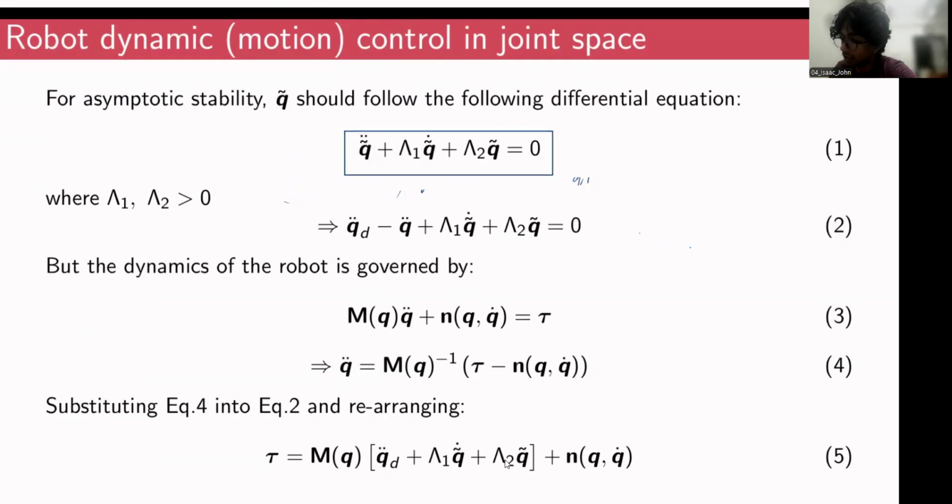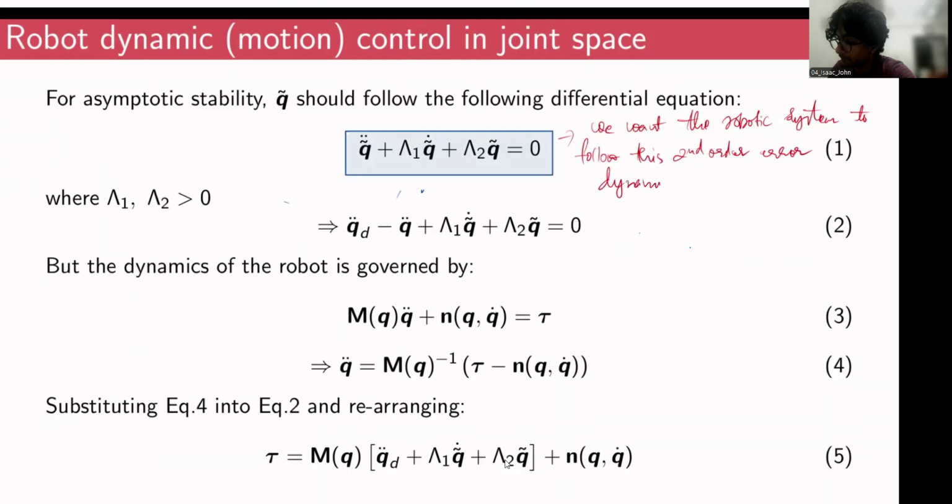I'll just note it down here. We want the robotic system to follow this second order error dynamics.